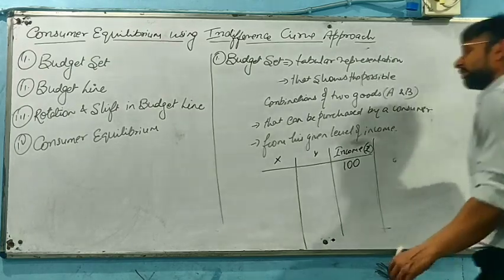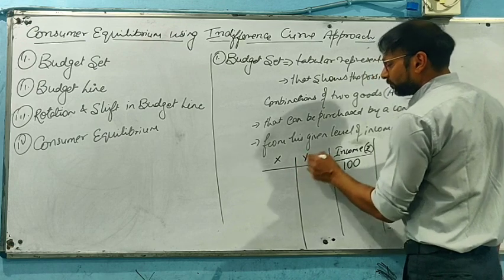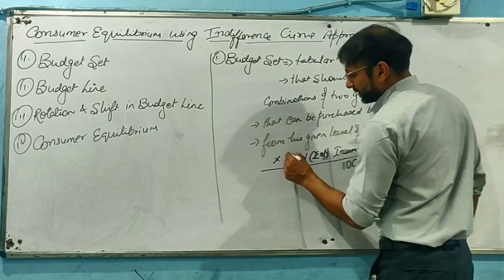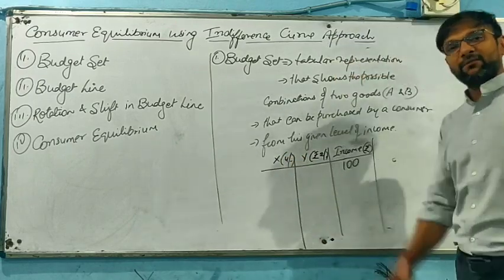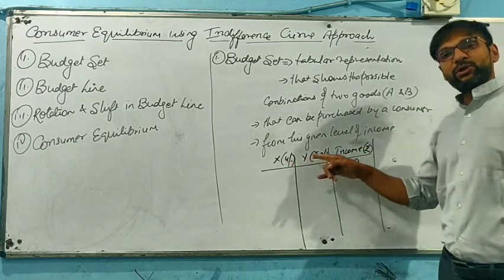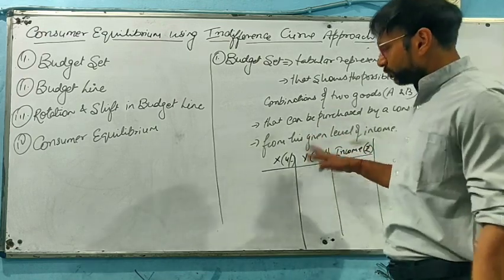Say the price of a unit of commodity Y is rupees 2 and of X is 4. It means we can buy 1 unit of X with rupees 4, and we can buy a unit of Y at rupees 2 per unit.